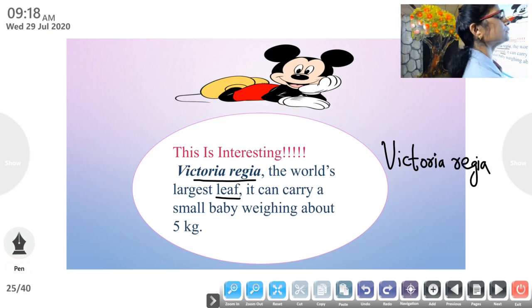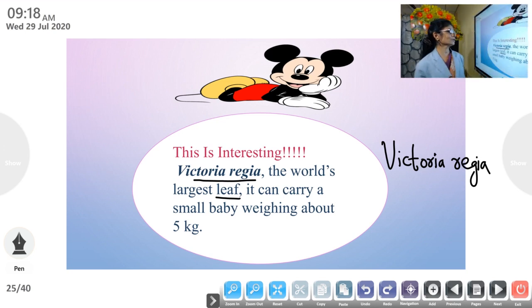This is the world's largest leaf. Look, it can carry a baby weighing about 5 kilograms. That's a big leaf. What's the name of that? Victoria regia.